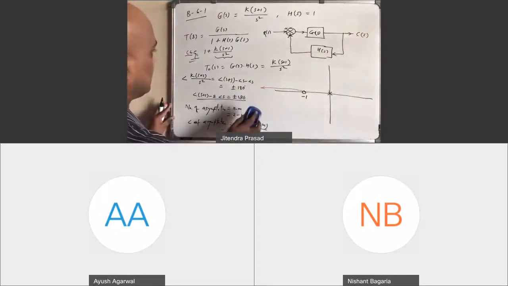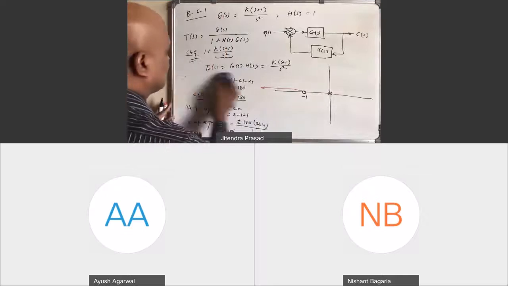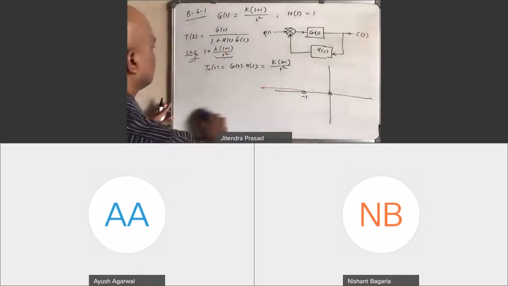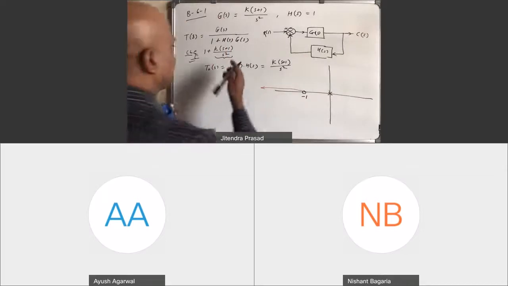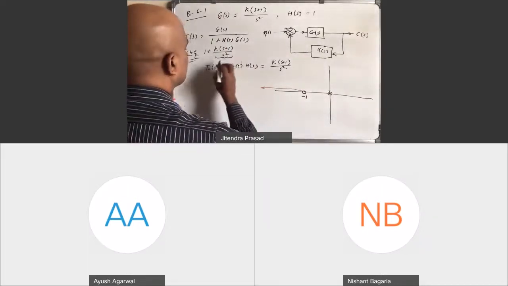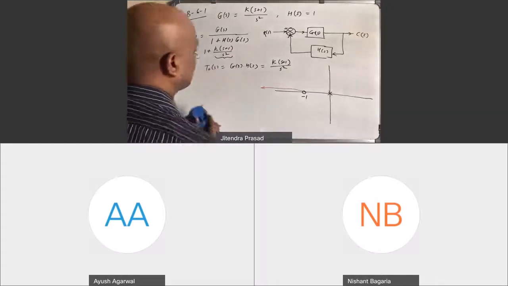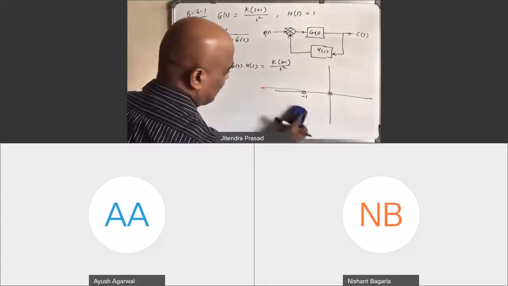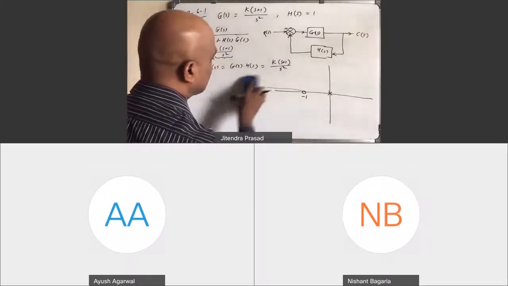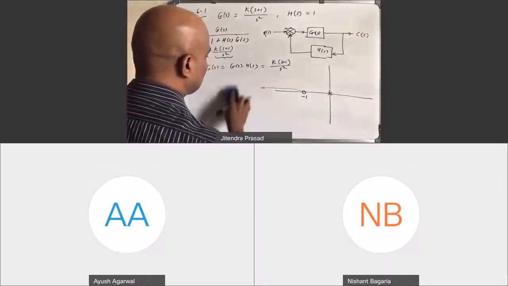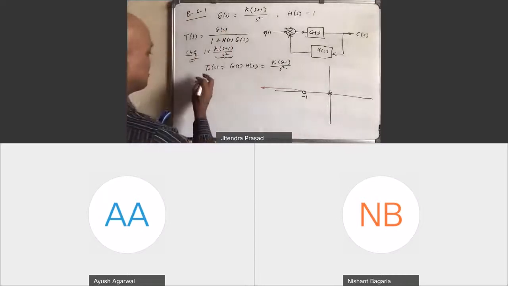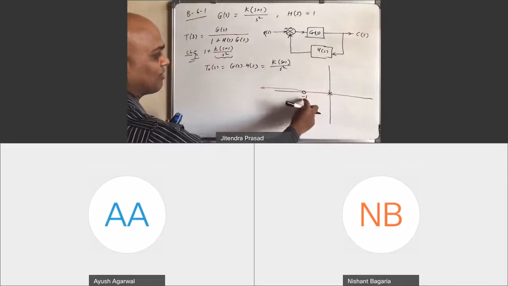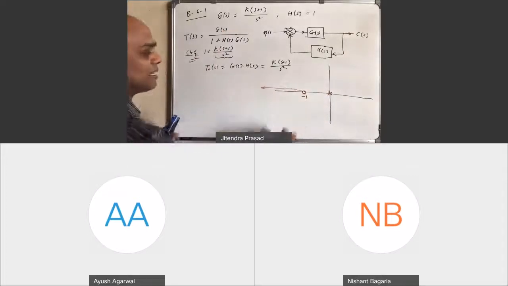So let's erase this one and write this. Okay, now in order to find where they meet, we can find the break-in and breakaway points.